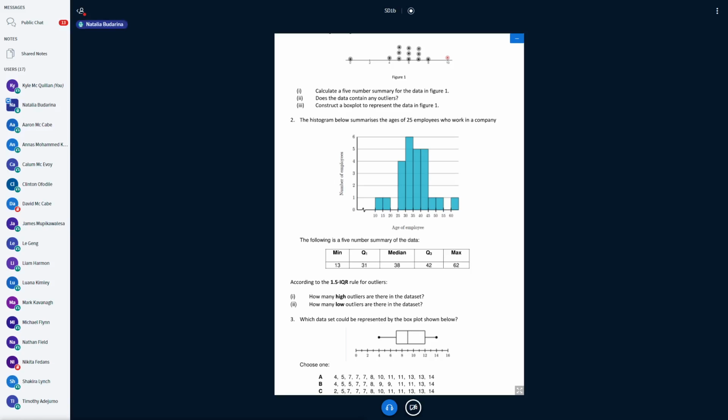And now, please go to the histogram and tell me how many low outliers are in the data. So we need to look at the histogram and count how many data values are less than 14.5.